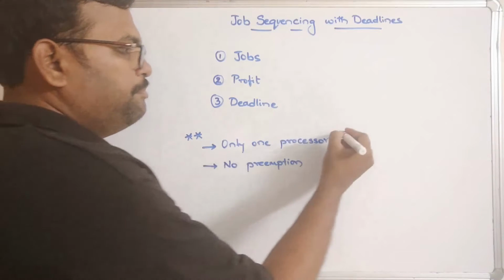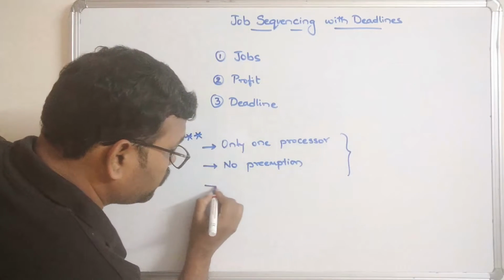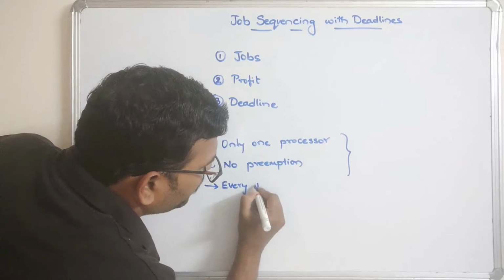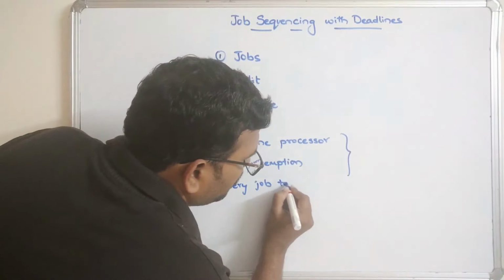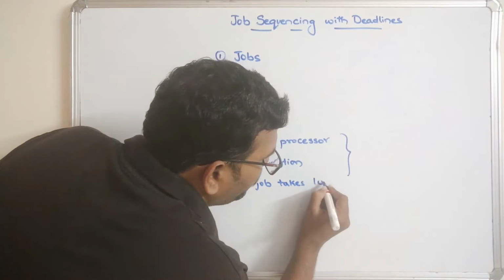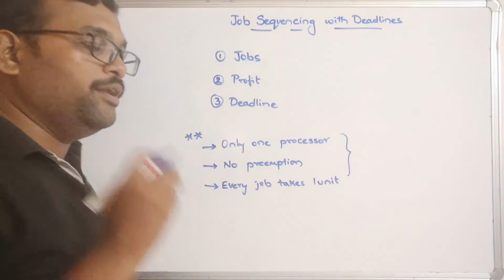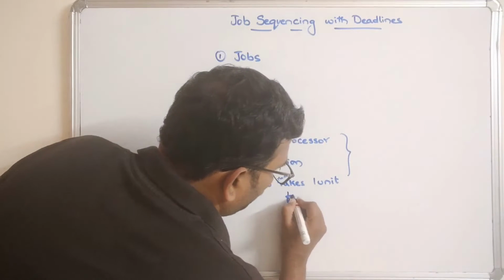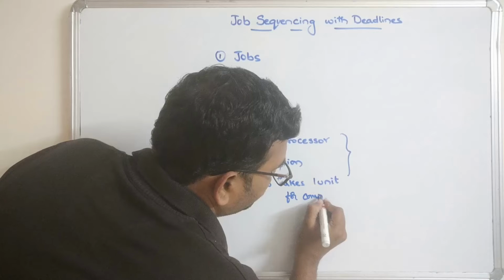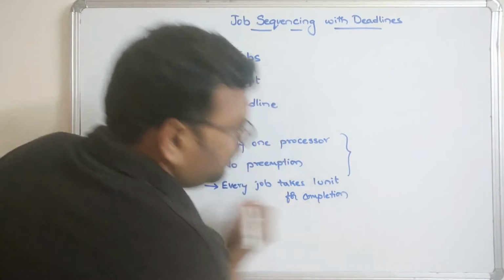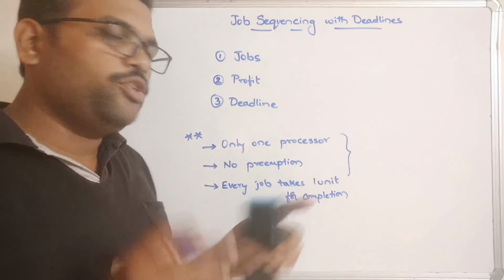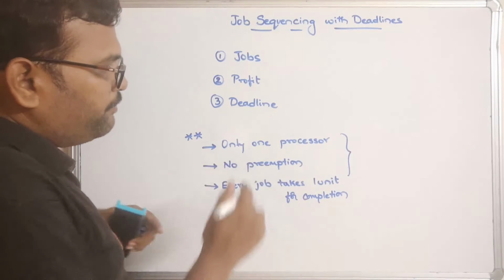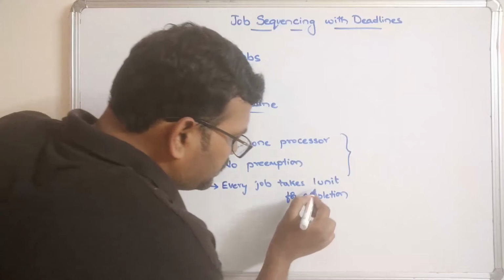And one more: every job takes 1 unit of time to complete. Don't get confused between the deadline and this 1 unit.